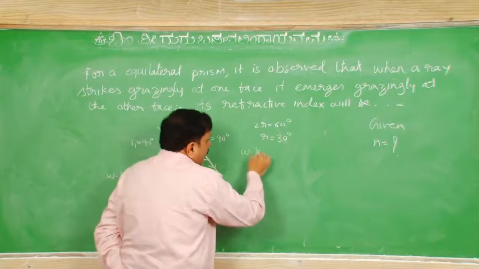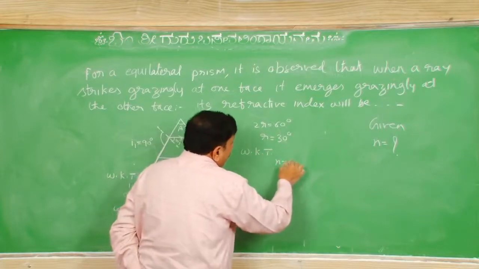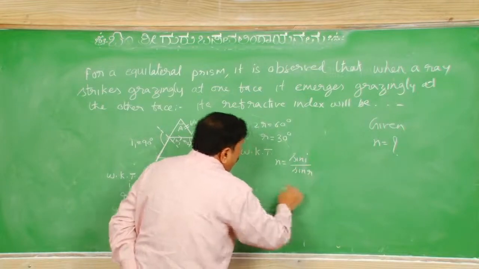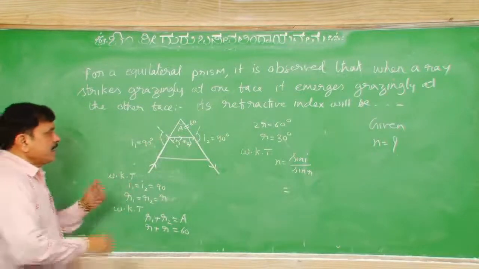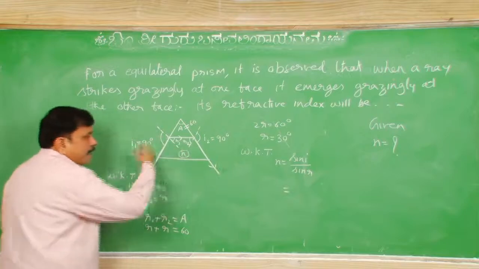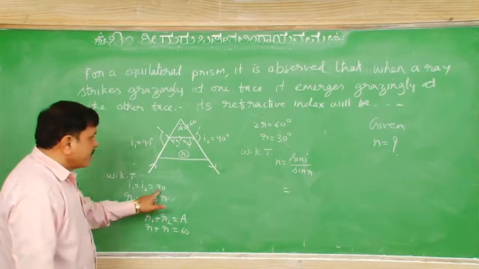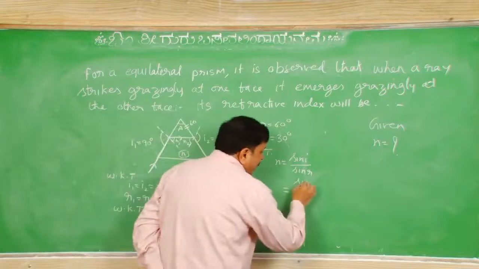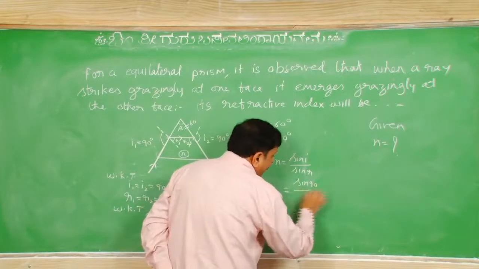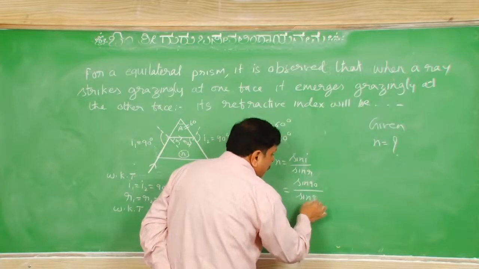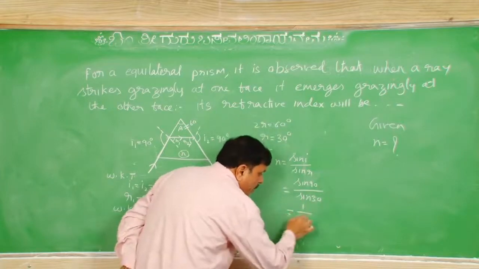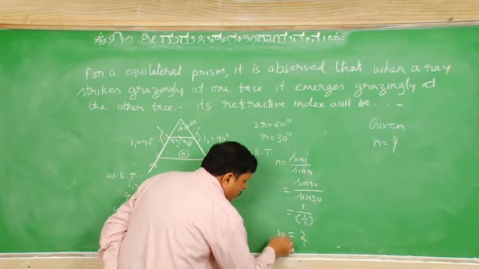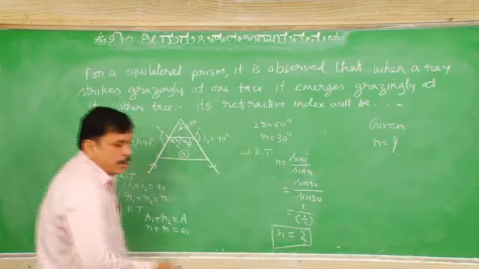We know that N equal to sine I by sine R, that is the refractive index of the prism. Now I is mentioned, we can take any one, I1 or I2. So it becomes sine 90 divided by sine 30. Sine 90 is 1, sine 30 is 1 by 2. So refractive index N will be equal to 2.